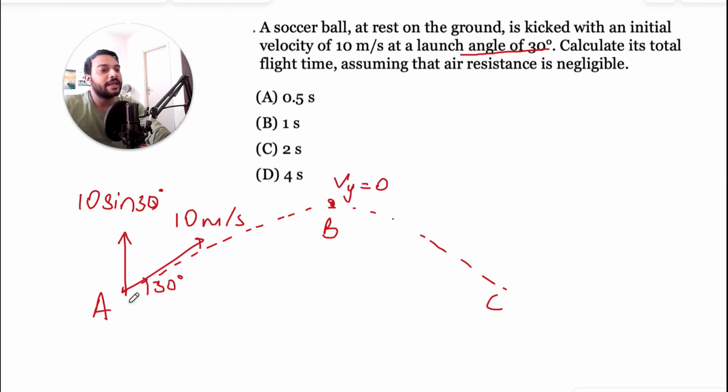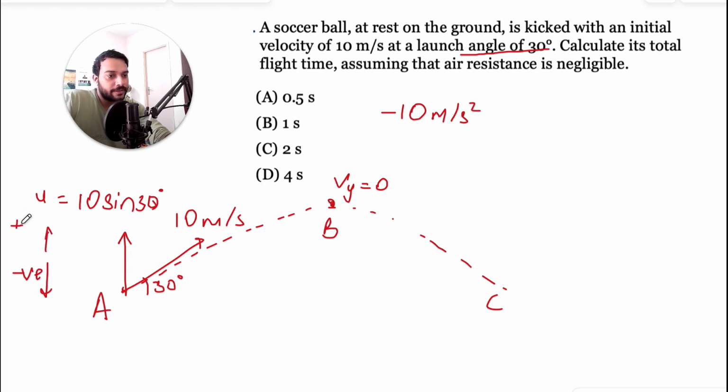We're just finding the time from A to B. Okay, so in that the initial velocity u is 10 sin 30, the final velocity would be 0, and the acceleration is negative 10 meters per second square. Negative because the downward direction is negative. We take that as the sign convention, and upwards is positive.